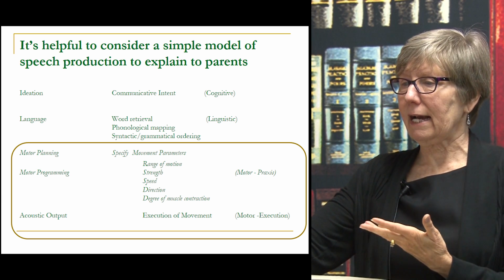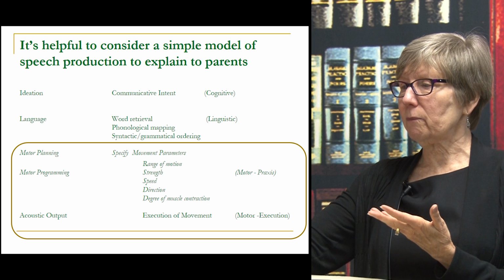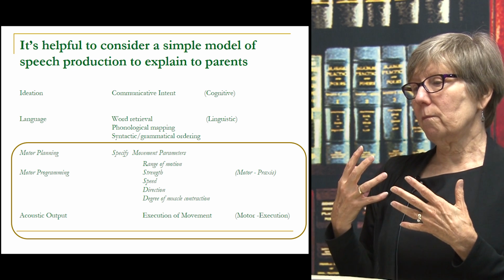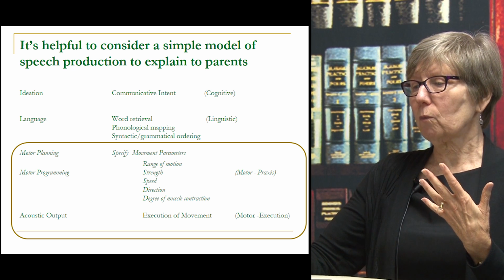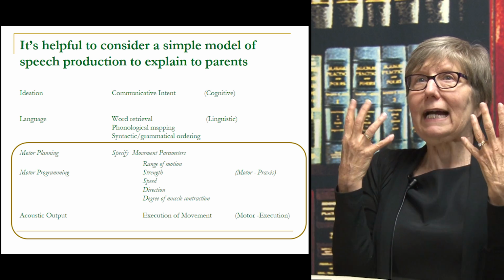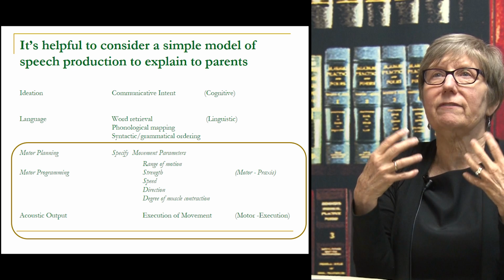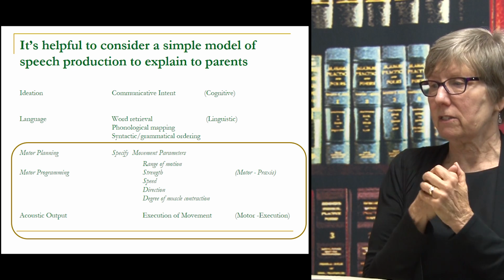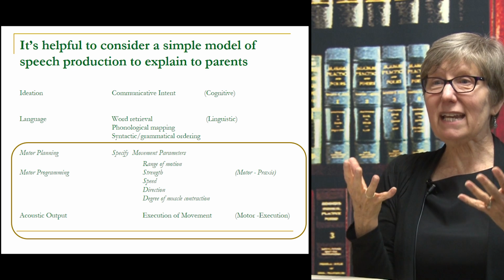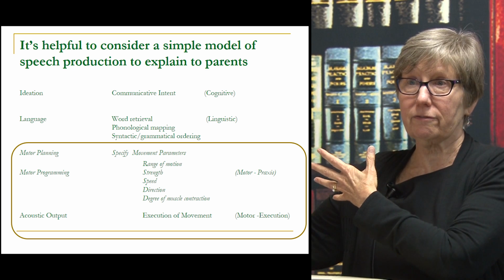So in this next slide, you can see that we've also put down the idea of this model in terms of more what has to happen. So we have ideation being first. So the child has to have an idea of what they want to say, right? They have to have the intent to communicate. And communicative intent is a cognitive process.